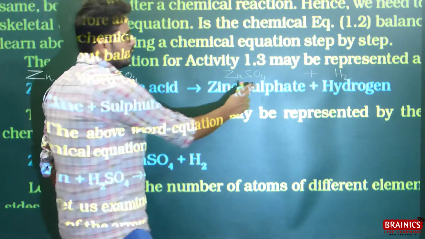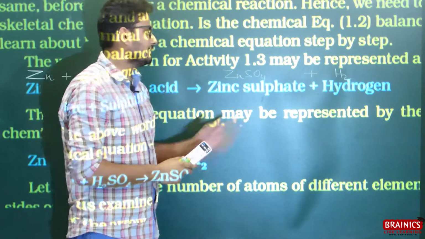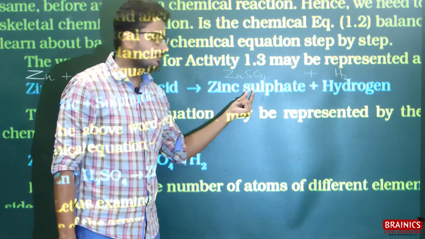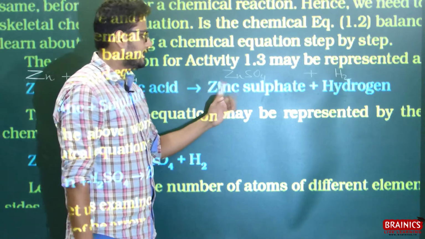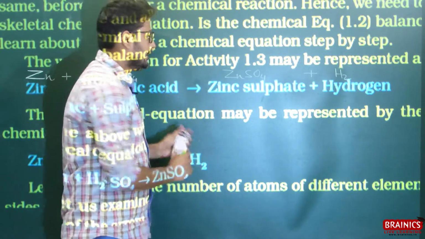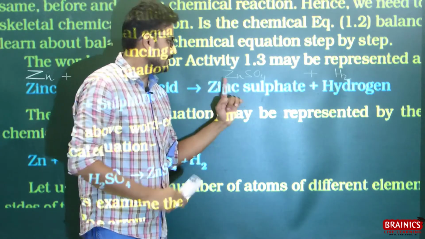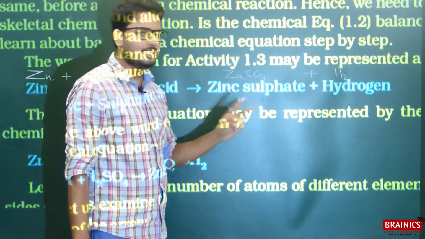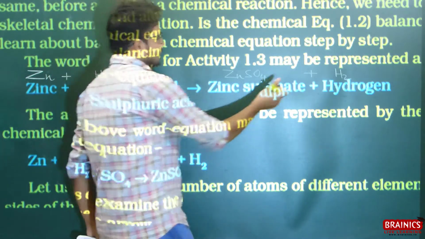What does O4 mean? That means 4 oxygen atoms are present. What about sulfur, which contains no number? It means sulfur has only 1 atom. Zinc has only 1 atom. So in zinc sulfate there is 1 zinc and 1 sulfur atom, while oxygen has 4 atoms.